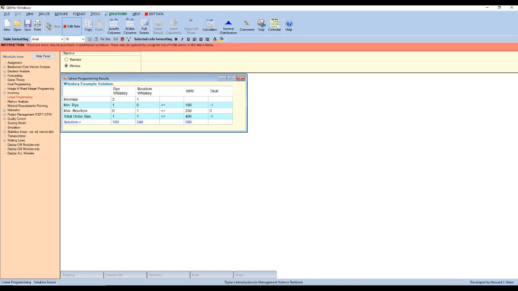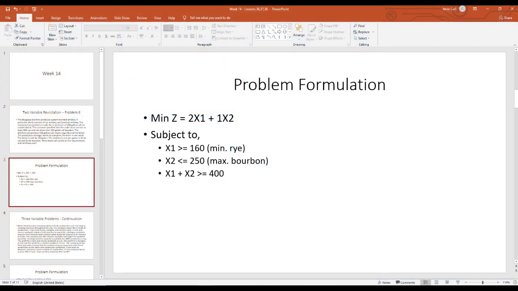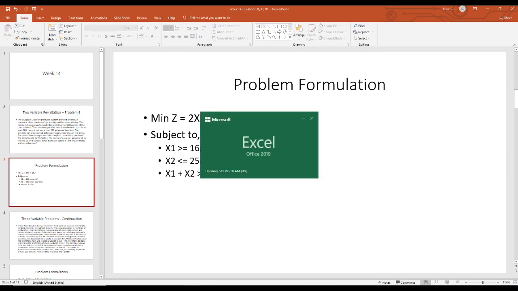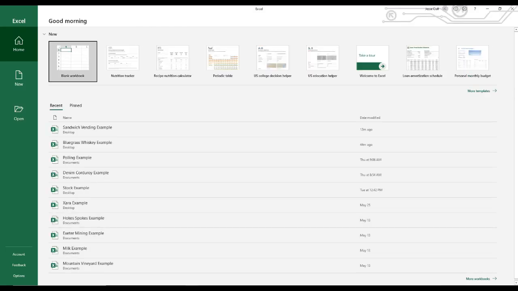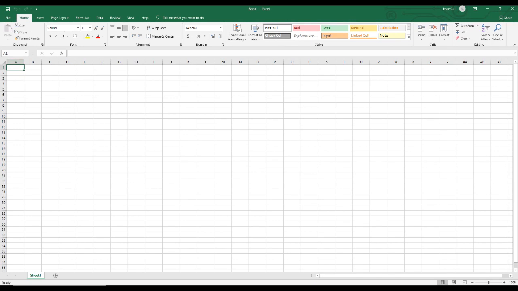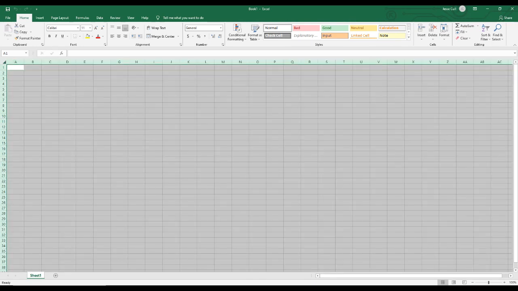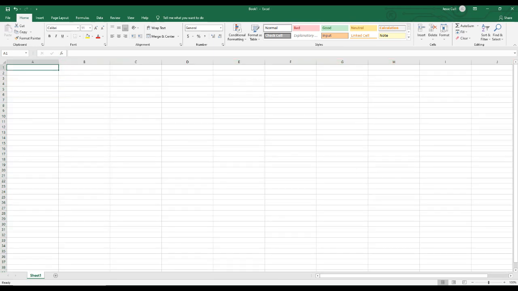Let's try one more time in Excel. And again, I'll maximize or lengthen my columns, my rows, sorry. Now, what I'm going to do here is I'm going to go all over the place.